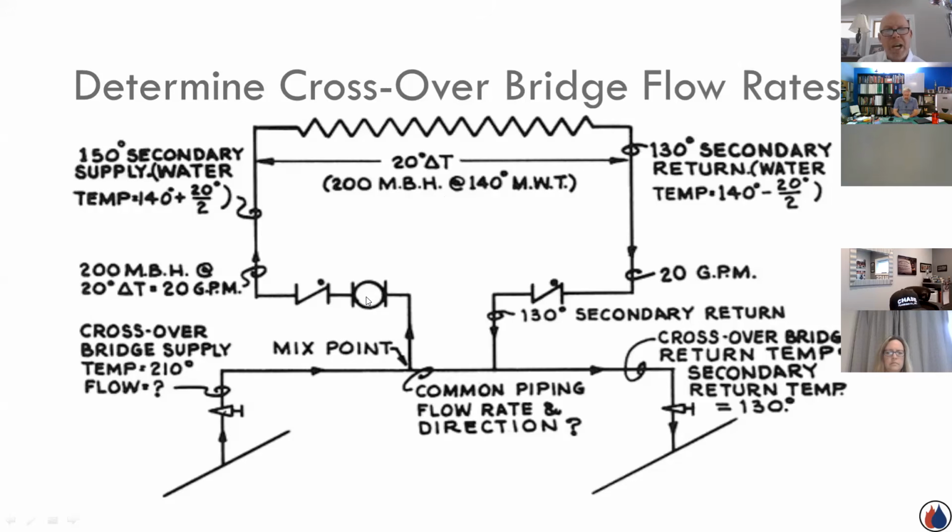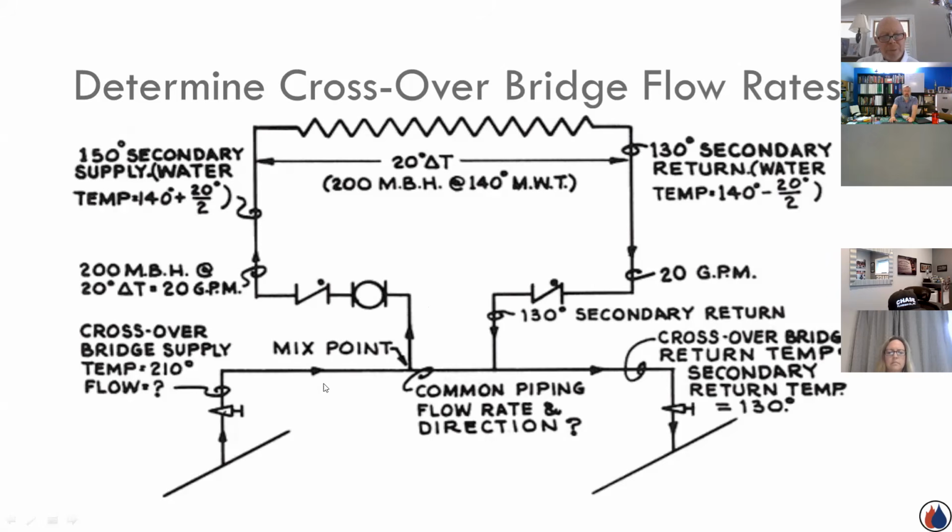And he wants to provide 200,000 BTUs at an average water temperature of 140. Well, when you say the mean water temperature, you split the 20 in half, so take 140, add 10 to it, there's my supply of 150. The other part of that 20 degrees, minus 10 from 140, is my 130. So I need a supply temperature of 150 at a flow rate of 20 gallons a minute that will take a 20-degree drop, and that will transfer 200,000 BTUs through these terminal units here.